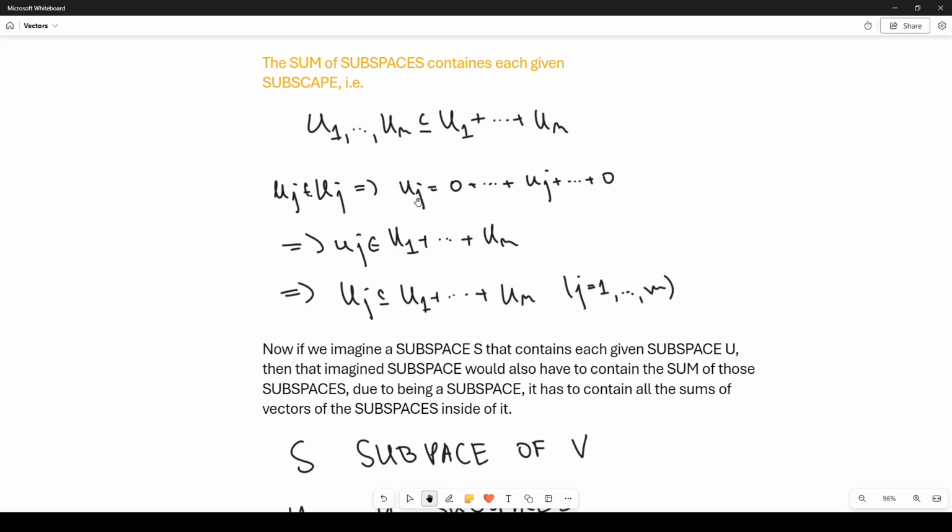So I've written uj as this sum over here, so that means it satisfies the definition of belonging to the sum of subspaces. So whatever element I take from my corresponding subspace Uj, it turns out that it also belongs to the sum. That means that Uj, my subspace, is a subset of the sum. So this shows that all of these subspaces are contained within the sum.